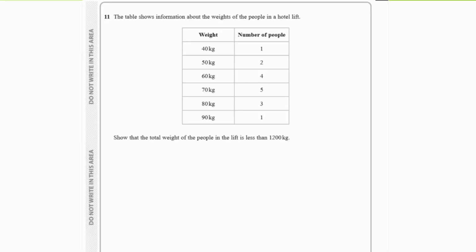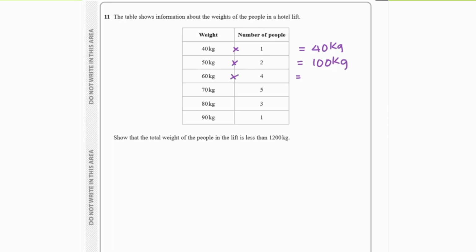Question 11. The table shows information about the weights of people in a hotel lift. Show that the total weight of the people in the lift is less than 1,200 kilograms. So in order to do that, we can first look at the table, and the table tells us one person weighed 40 kilograms. If two people weighed 50 kilograms, that means in the category of 50, we have 100 kilograms.